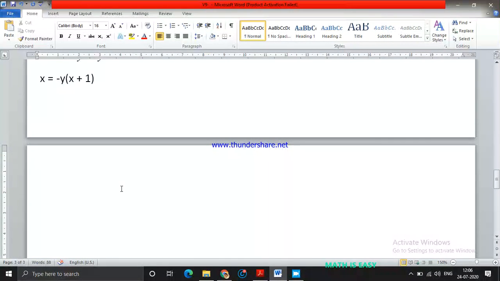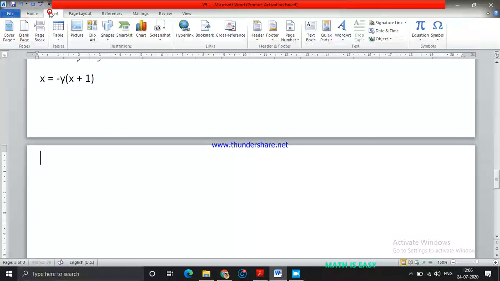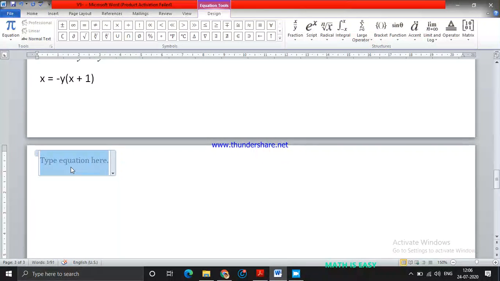So next step, what we can do is, let me insert the equation. You can write this as y is equals to minus x upon x plus 1. Let me put the denominator only, minus x upon x plus 1.